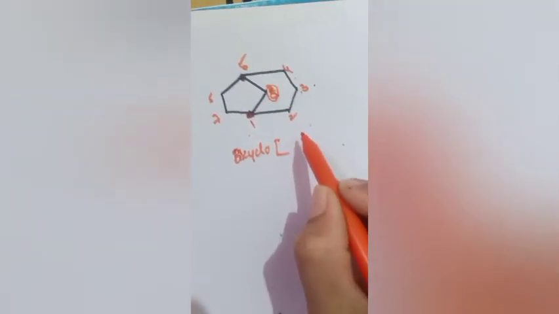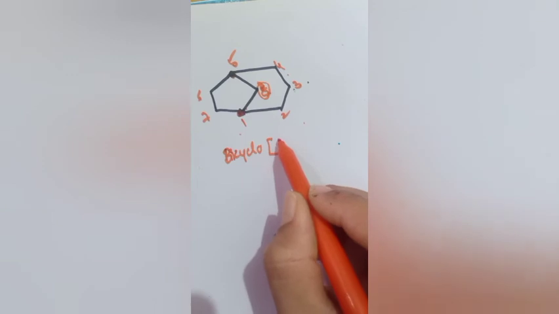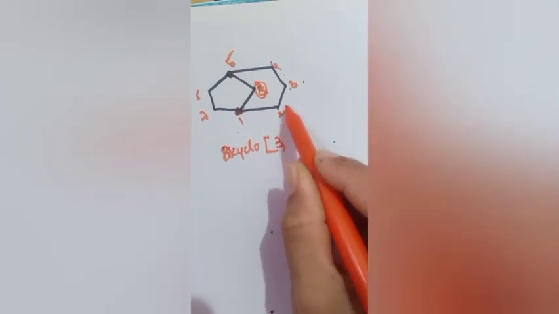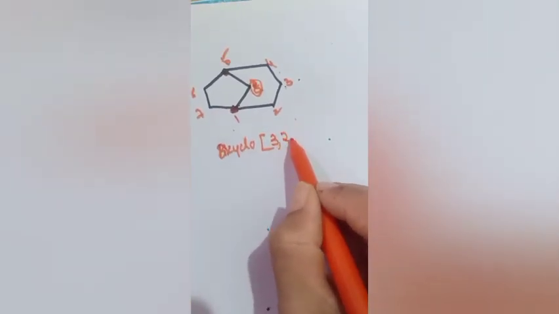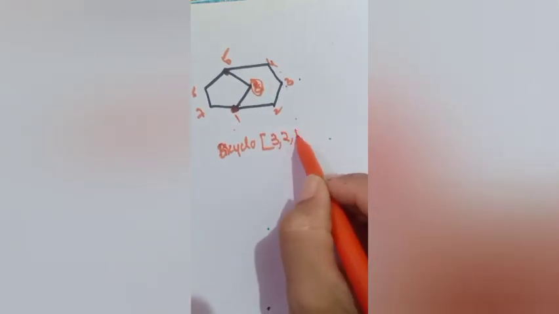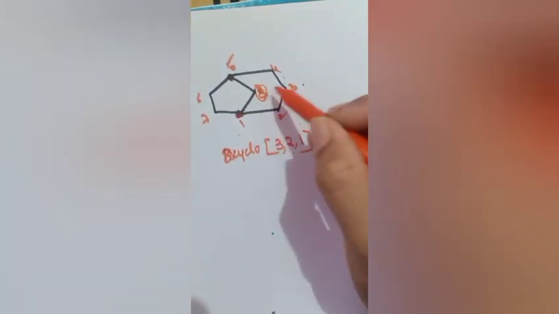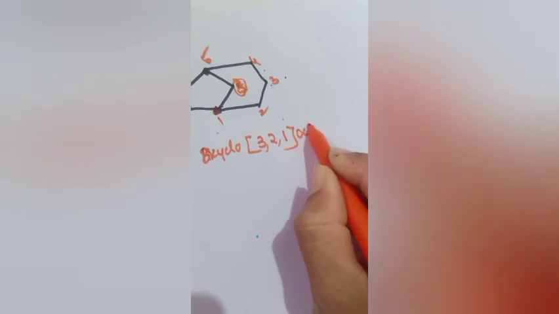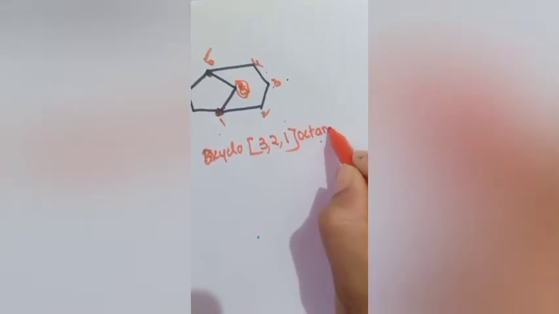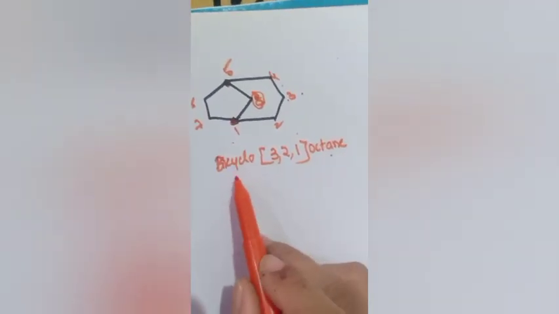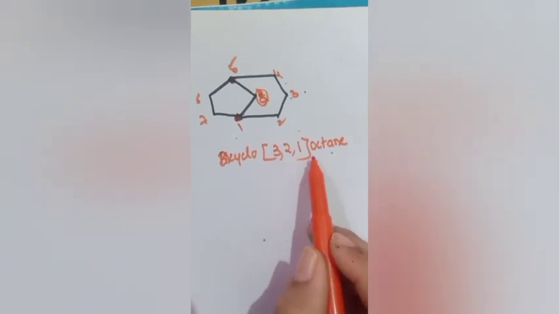How do we give the numbering? First we write the highest one, then the next one is 2, then 1. The total number of carbon atoms is oct, and the suffix is ane, so octane. So bicyclo 3, 2, 1 octane.